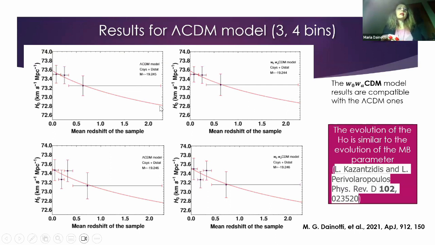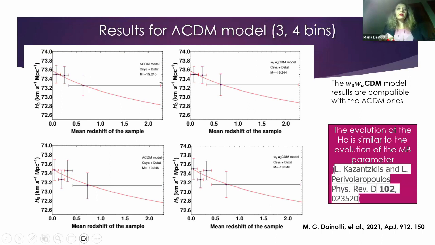So we can see that there is a decreasing trend for the ΛCDM model and also for the w0waCDM model. Now, of course, if you change the value of H0, because this analysis has been done with the Pantheon, which by construction has the value of H0 equal to 70, then you have to change also the value of M, the absolute magnitude, accordingly.